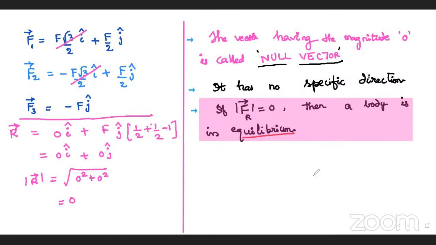That's why in the vectors chapter, when many vectors are there and the point from which they originate is in equilibrium, it is like this. Say this is one vector originating from here, this is a second vector originating from here, and a third vector originating from here, just like what we did in the previous question.